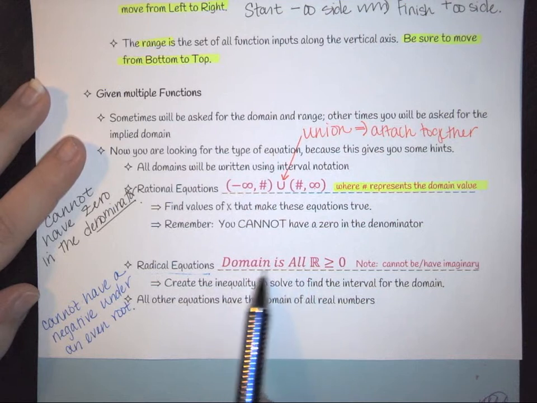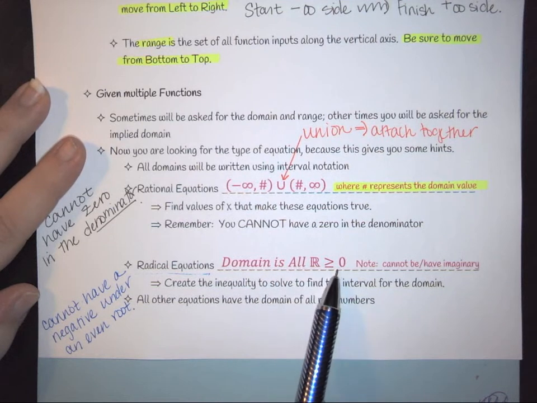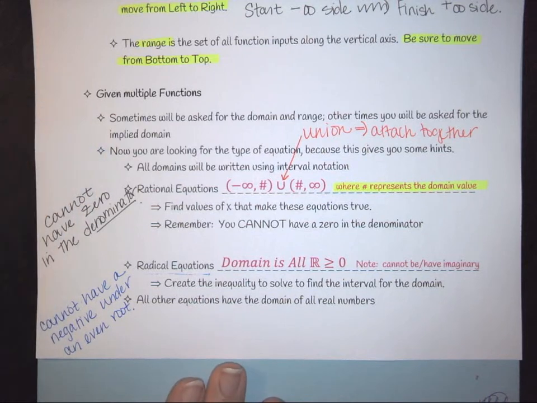Your domain is going to be all real numbers where you are greater than or equal to 0 underneath your radical. Okay? So, what does this mean? Well, this means that we are not dealing with the imaginary plane or the complex ideas anymore. We are back to, or just simply looking at, real numbers and the real plane. Okay, so the imaginary numbers do not exist, meaning you cannot have a domain that has an i. Okay.